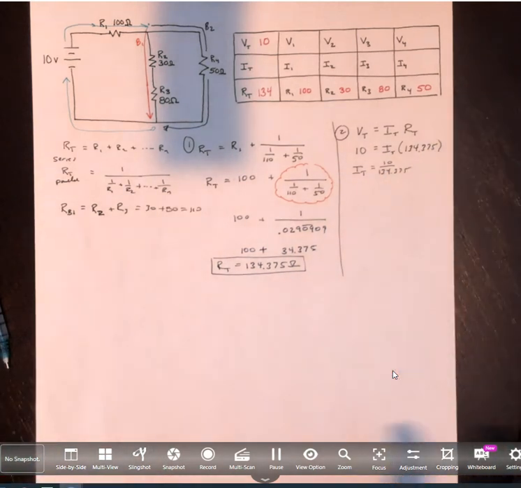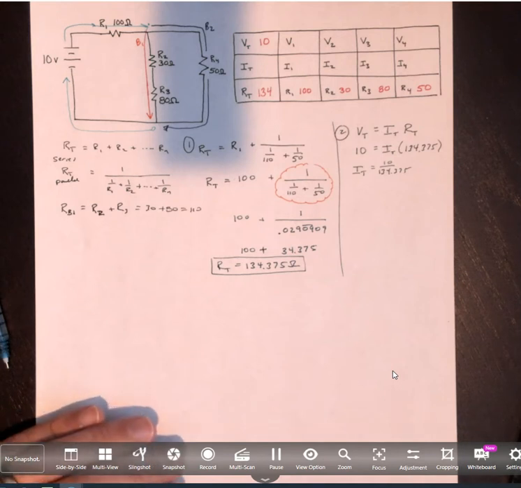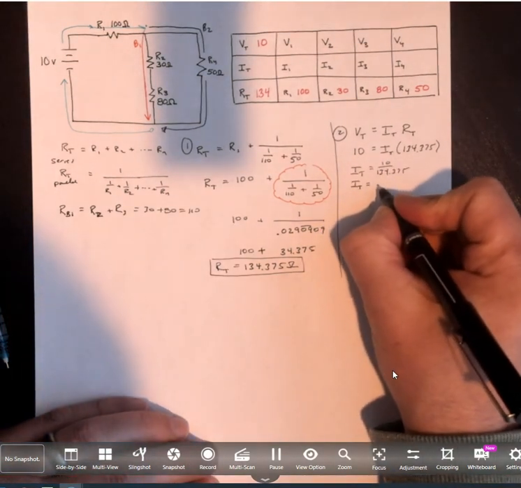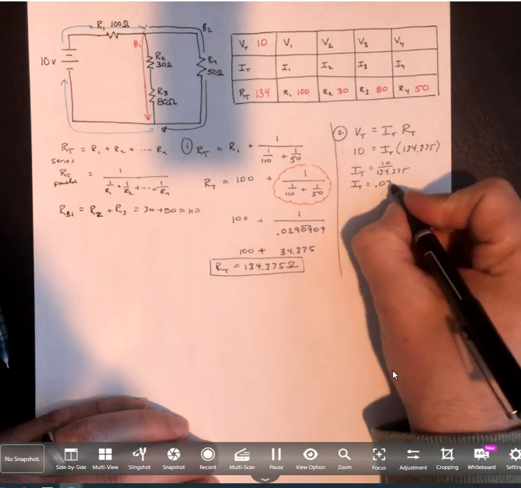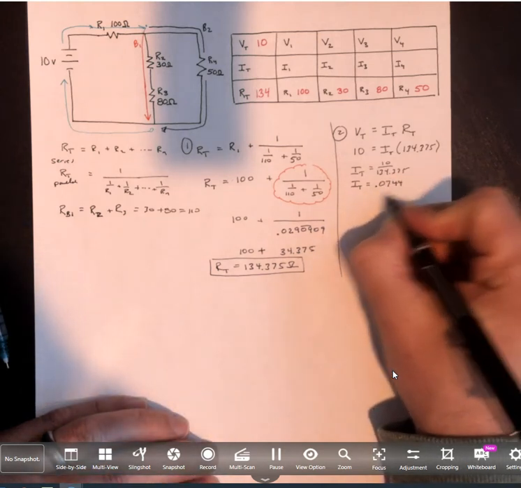134.375, and let me pull out my calculator. I don't have all this calculated ahead of time. I got 0.0744. It keeps on going, but I'm going to stop there.